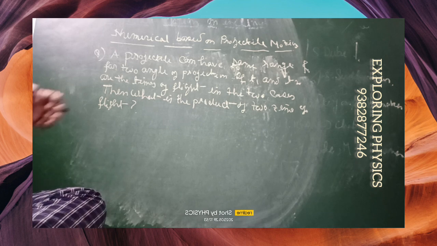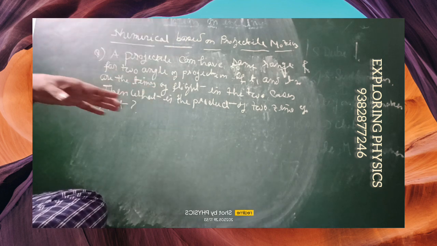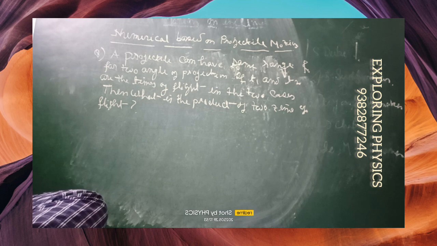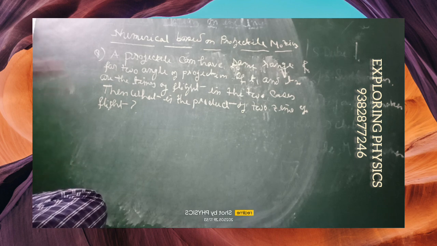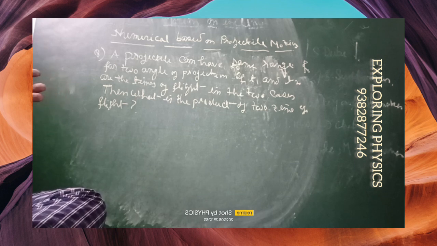Here, the two times of flight are T1 and T2, and the range is given as R. For both projectiles, the range is the same. Here is the concept hidden. If the range is the same, then the angles of projection should be theta and 90 degrees minus theta. That is, the angles are complementary.